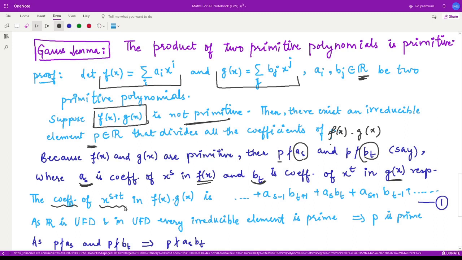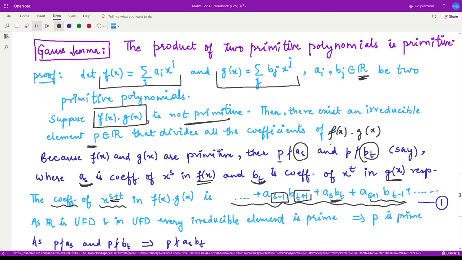So this term is obviously in the product f(x) into g(x), and its coefficient would be something like this. This you know by the definition for multiplying two polynomials, that the sum of these indices should be equal to s plus t, right? So this is the case in every term. So there is no problem in writing like this.